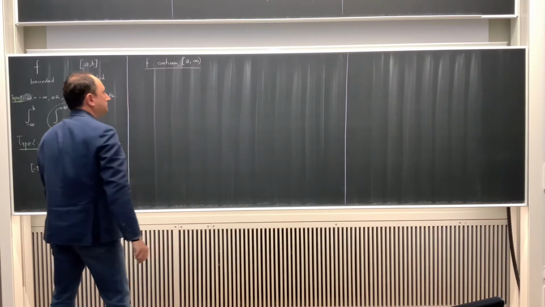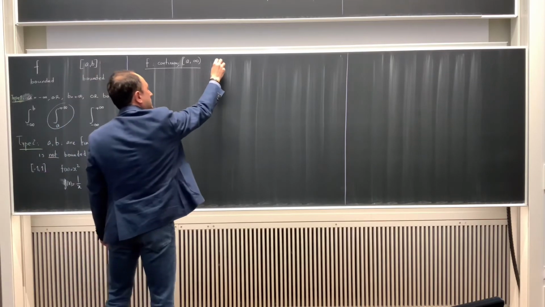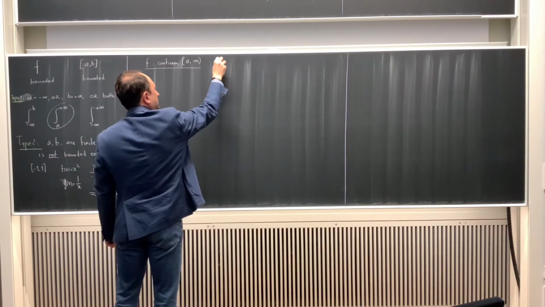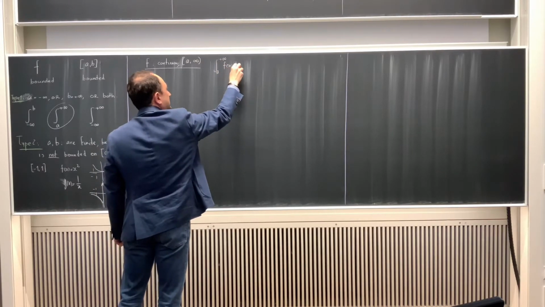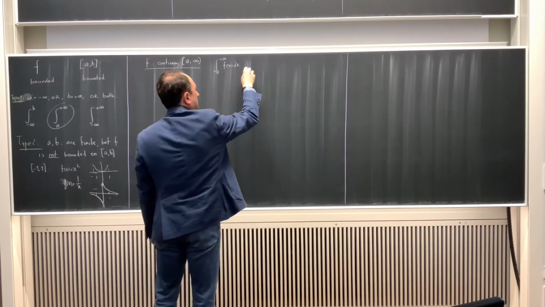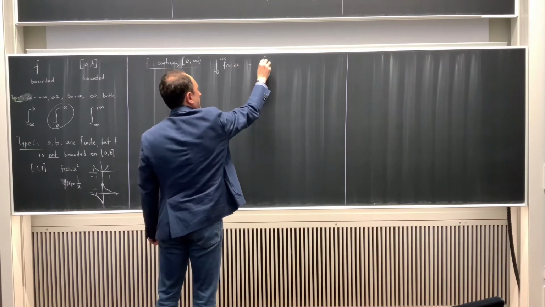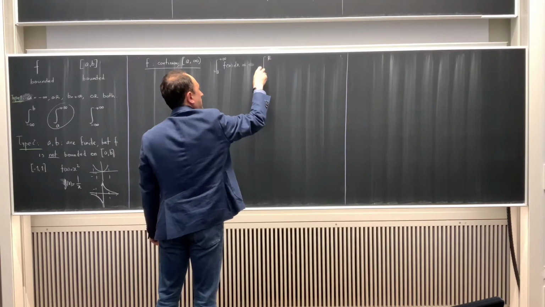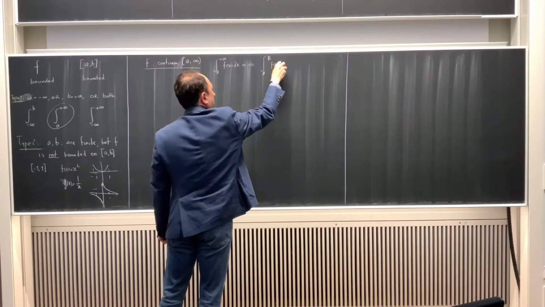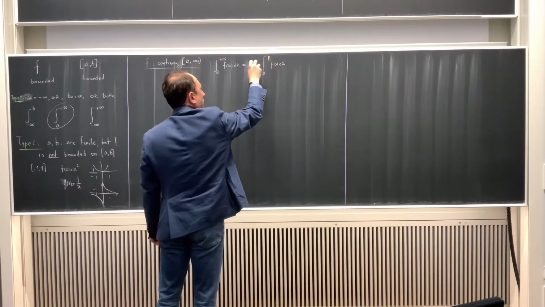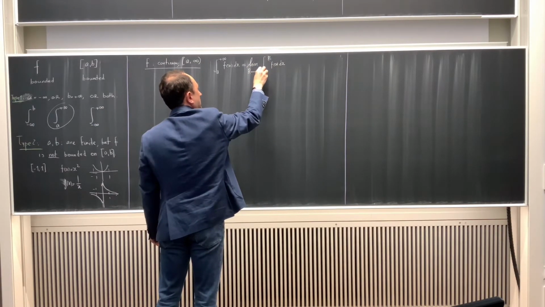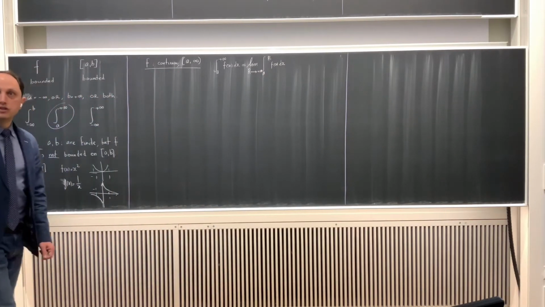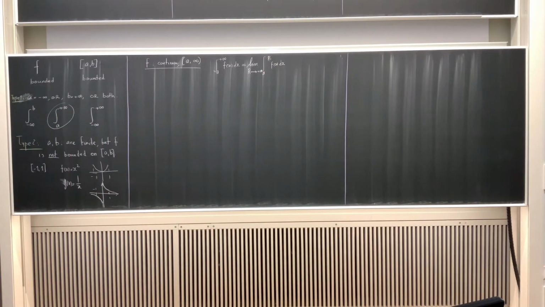In that case, the integral from a to infinity of f of x dx is defined in this way. They tell you that instead of infinity, write a number r and calculate it from a to r. You get something in terms of r, and then at the end take the limit and send r to infinity. So that is the definition of this type of integral.